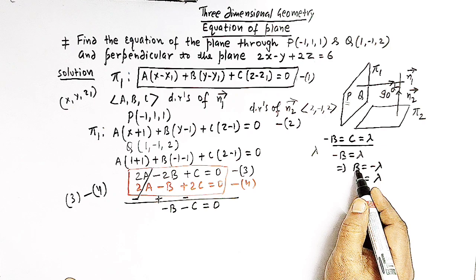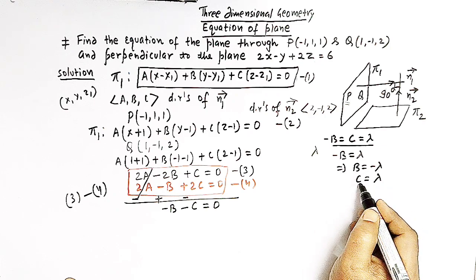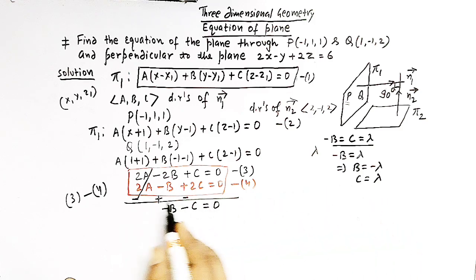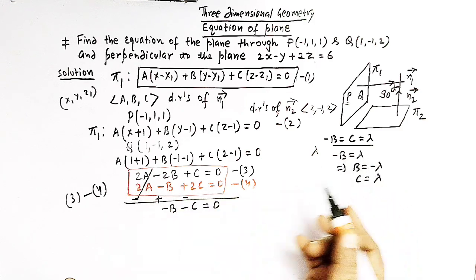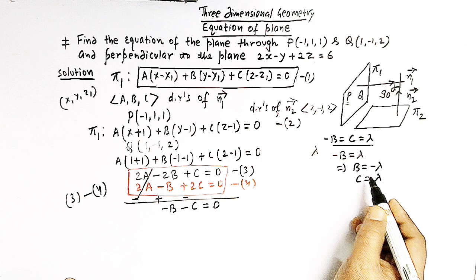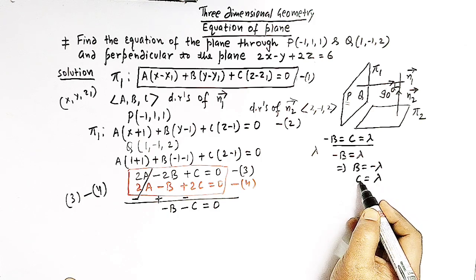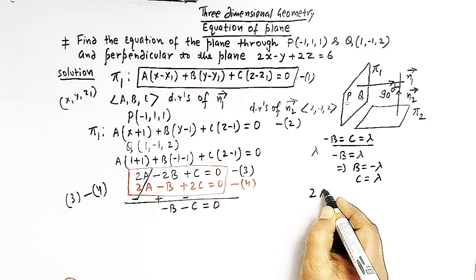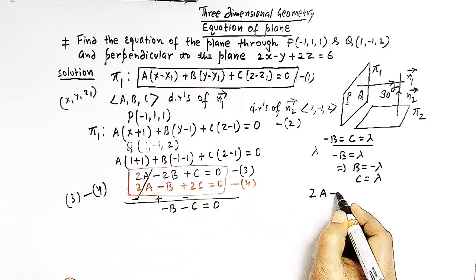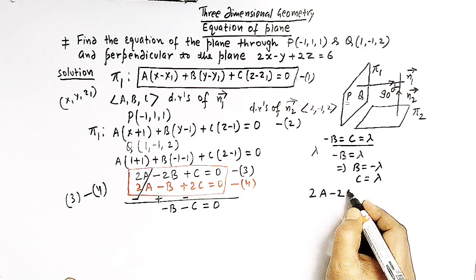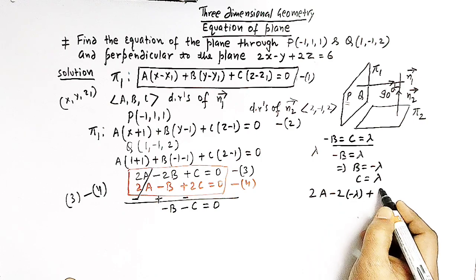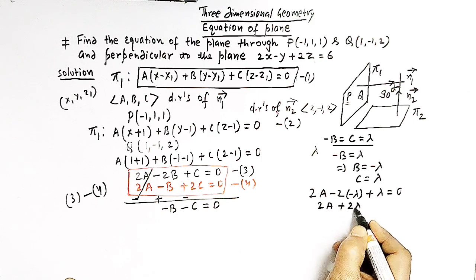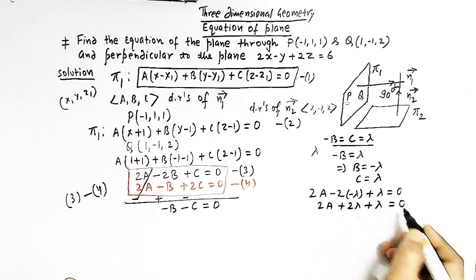So now substituting the values of b and c in any of these two equations, we can express the value of a in terms of lambda. So let us substitute the values of b and c in equation 3. So we have now 2a, and then here we have minus 2, and b is minus lambda, then c is lambda, and we have 2a plus 2 lambda plus lambda is equal to 0.